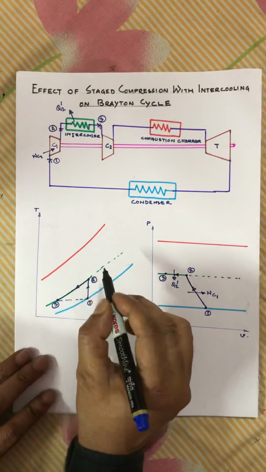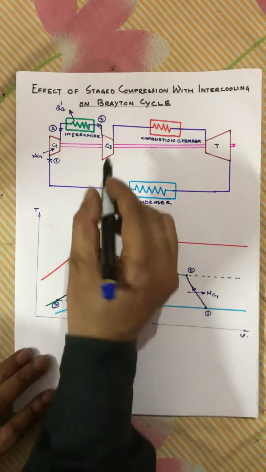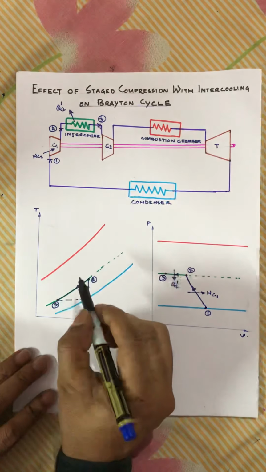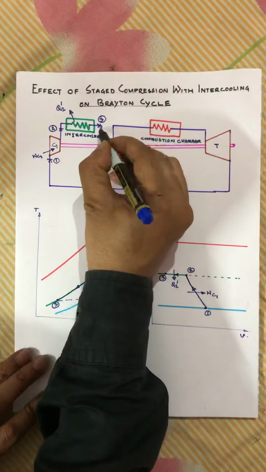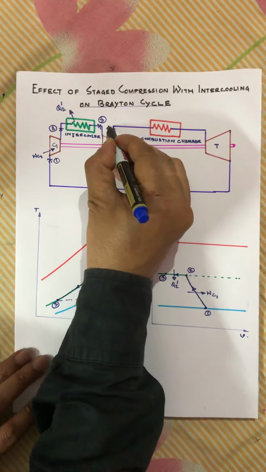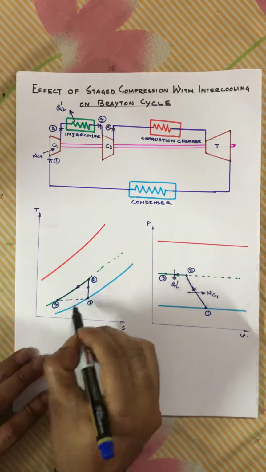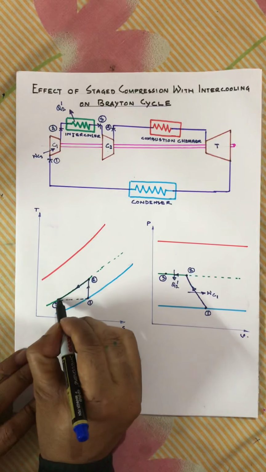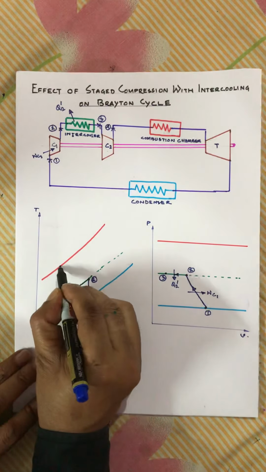After that, again it will pass through the second compressor. This is also a reversible adiabatic process. So the 3 to 4 process is a reversible adiabatic process. That will also be in the TS diagram here.